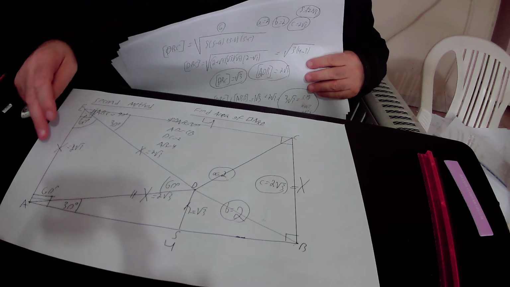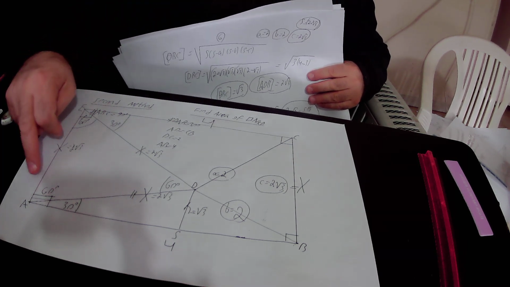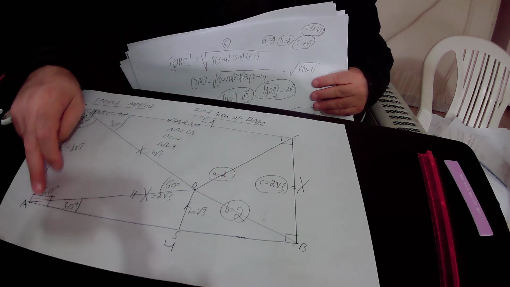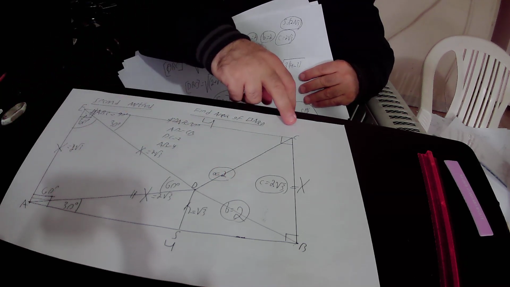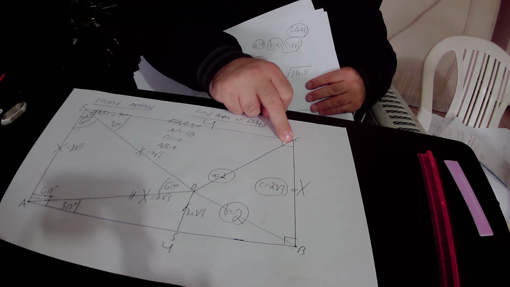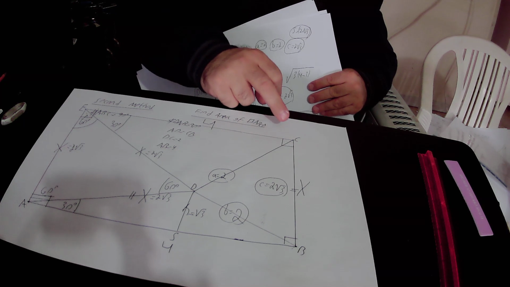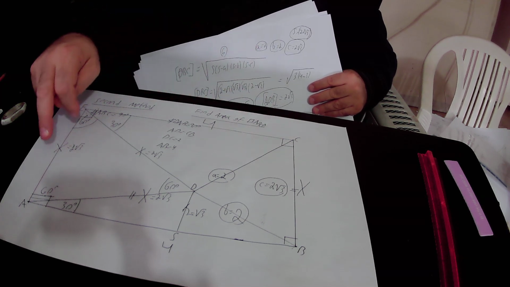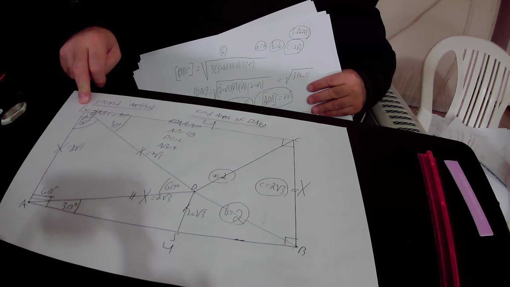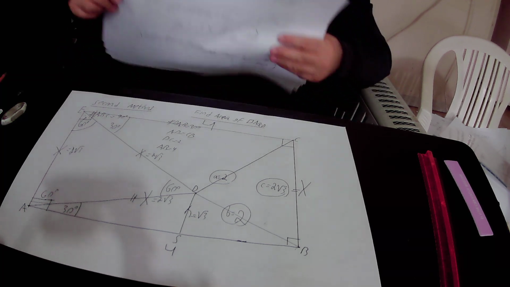From point A, we drew a perpendicular to AB, so this angle equals 90 degrees. And from point C, we drew a perpendicular to CB, so this angle equals 90 degrees. And we defined the intersection point of the perpendicular from A and the perpendicular from C as point E.